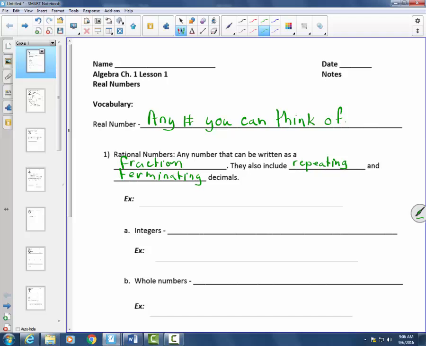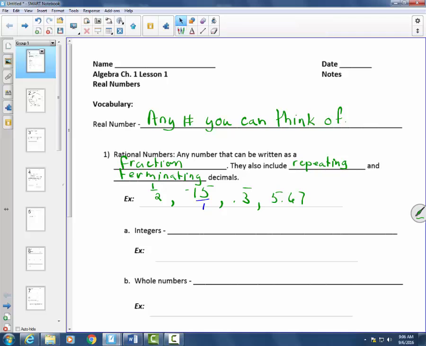So, for example, you can have the number 1/2, right? There's a fraction. You could have the number -15, because all I need to do for that, if I want to turn it into a fraction, is put it over 1. Okay. You could have the number 0.3 repeating. You could have 5.67. Right? Those are all types of rational numbers.